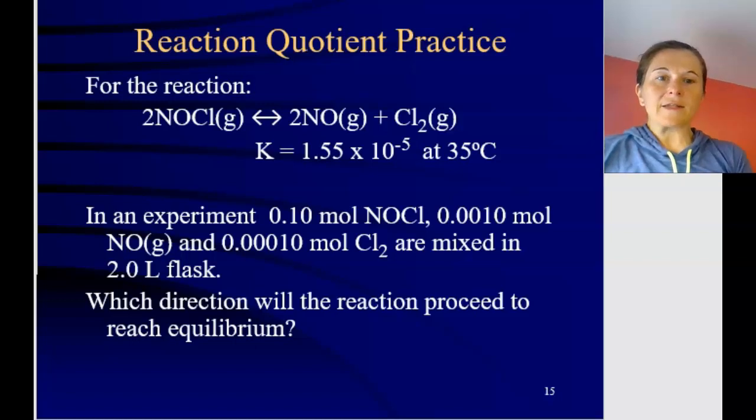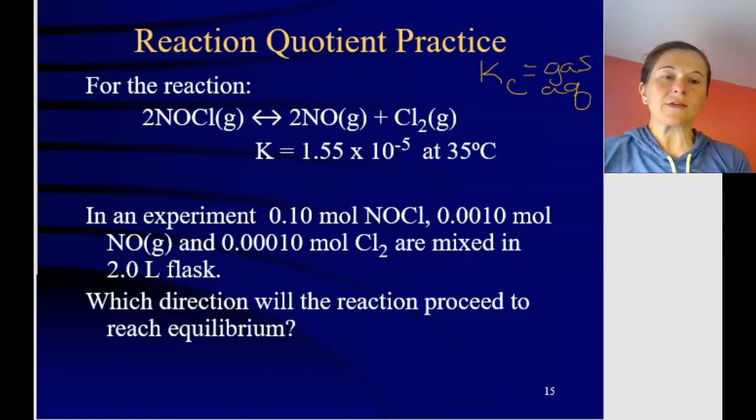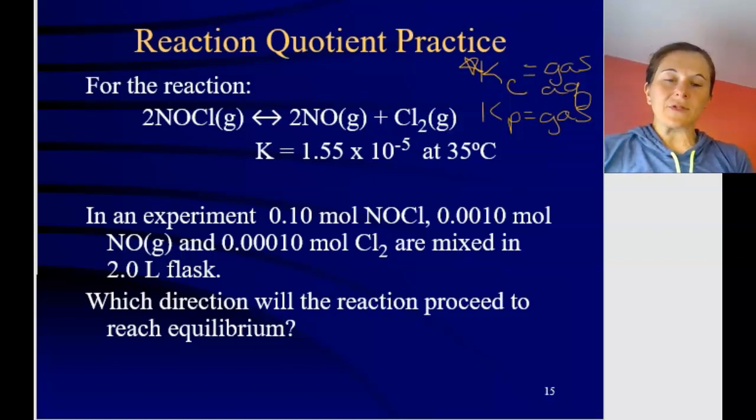Remember that for K and Kc, we only use gases and aqueous states of matter, and for Kp, we only use gas. No solids and liquids in these guys. So we really want to watch those states of matter. So just putting that back in there. We hadn't talked about that since the last episode, so I wanted to make sure we were remembering that.